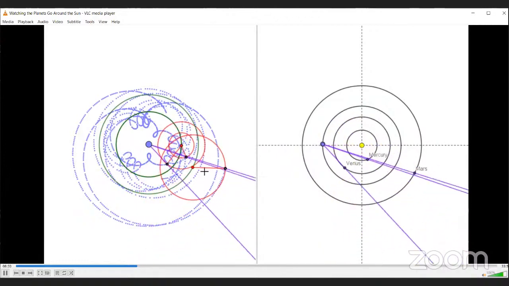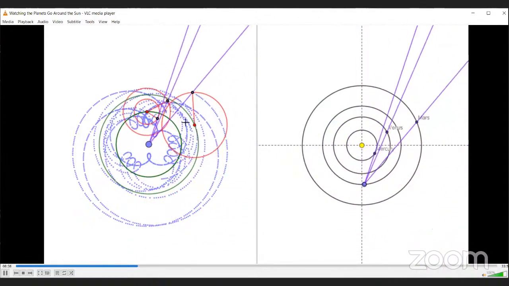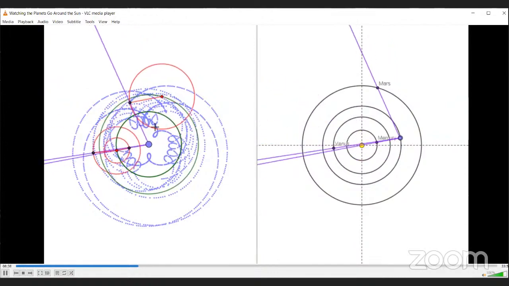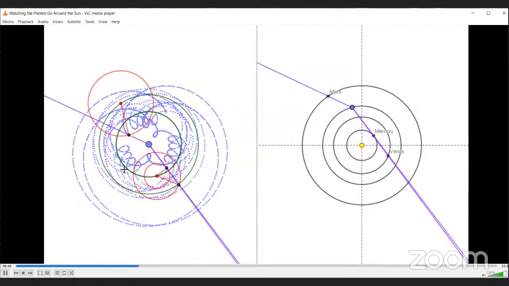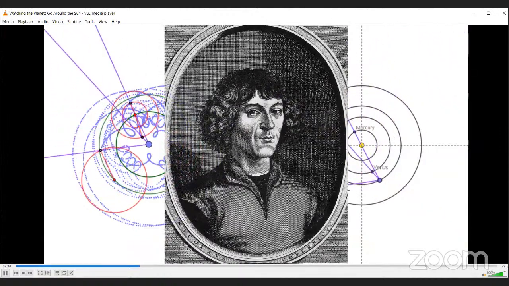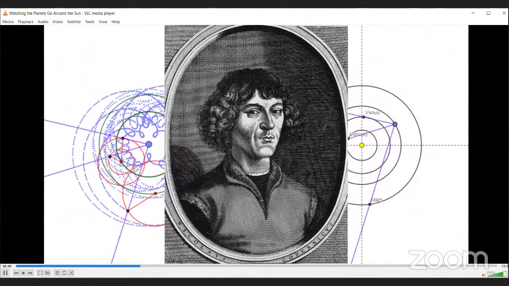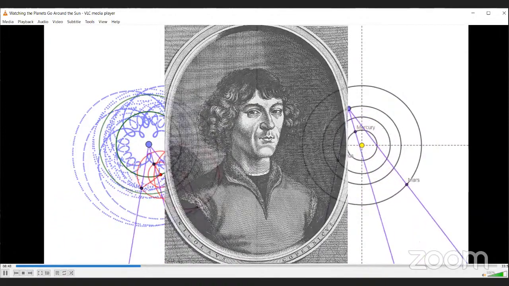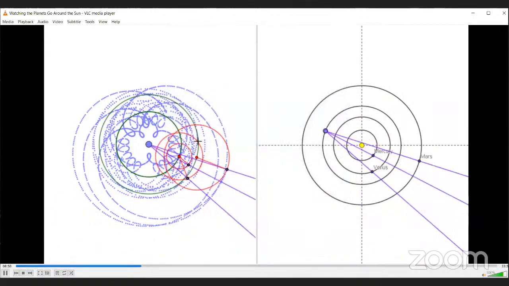So yeah, it's complicated, but it's a whole lot cleaner than just looking at the paths themselves. Now, what Copernicus did when he came along was he did a very simple transformation. He simply moved the center point from the Earth to the Sun.